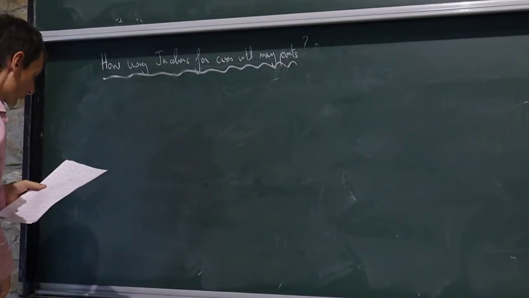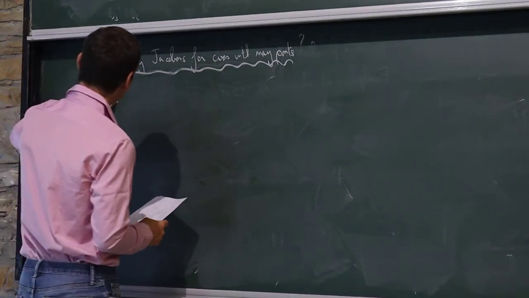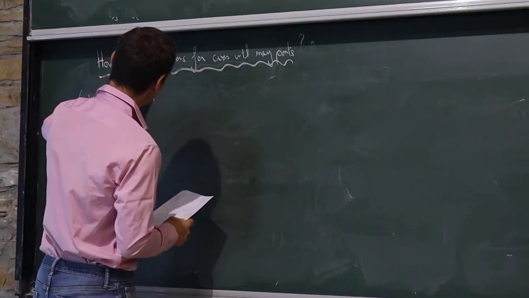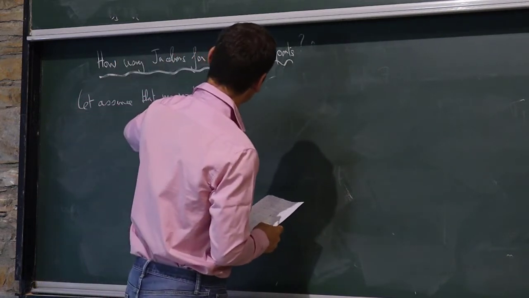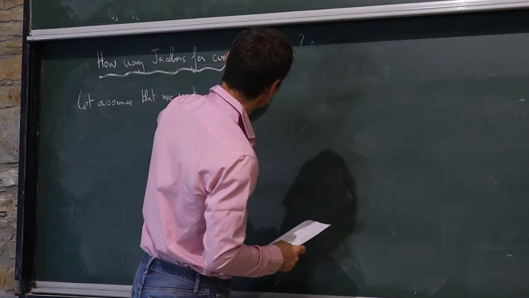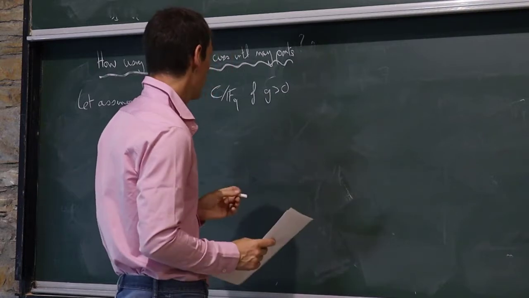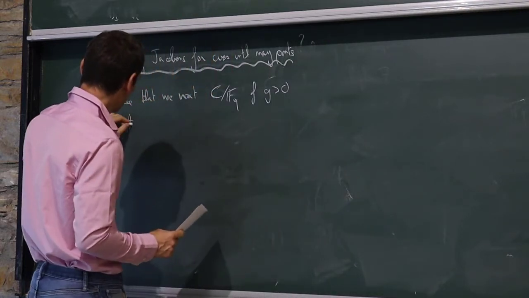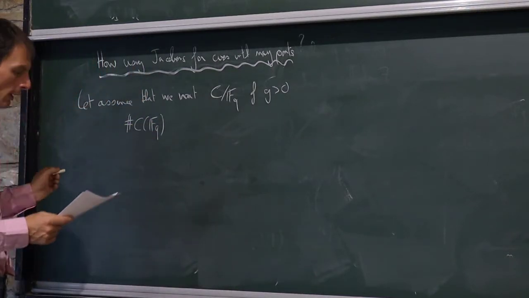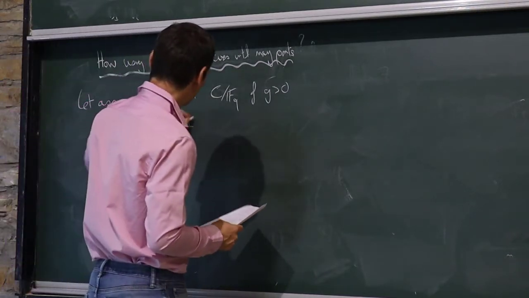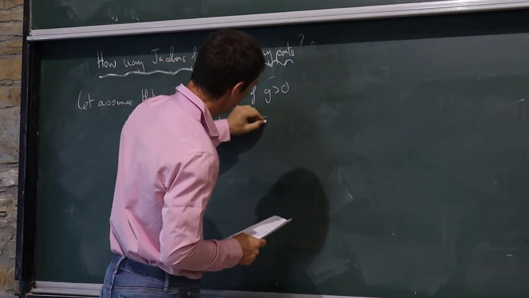So, yeah, first, let's assume that we want a curve C over FQ of genus G, I can assume positive, such that the number of its points reaches the Hasse-Weil-Serre bound.